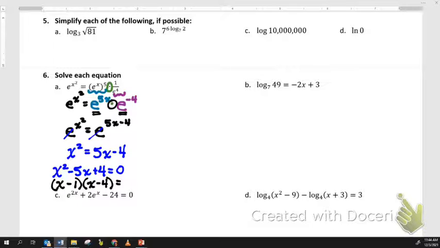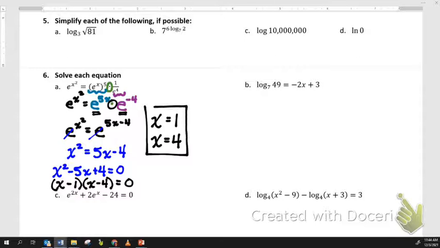So x is 1 or 4. Are those both valid? Yes. Did I even need to think about whether they were valid or extraneous? No. Why not? Because they're positive, yes.